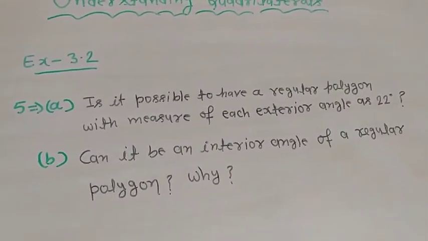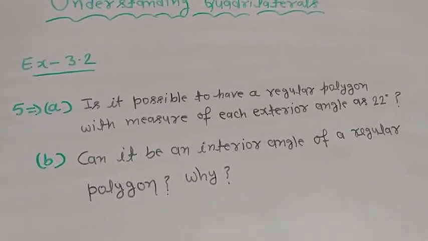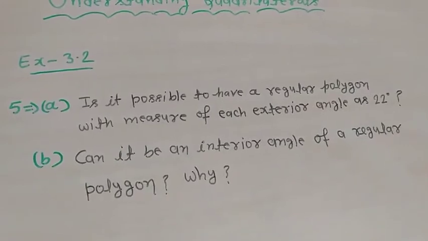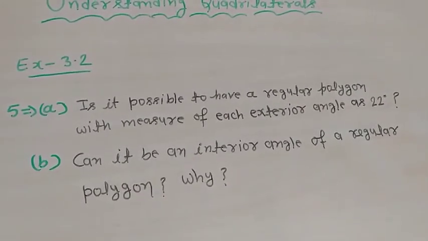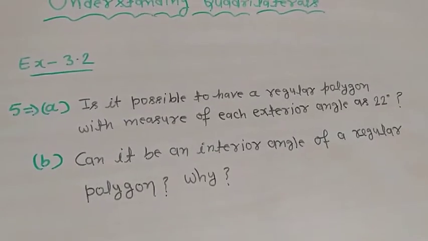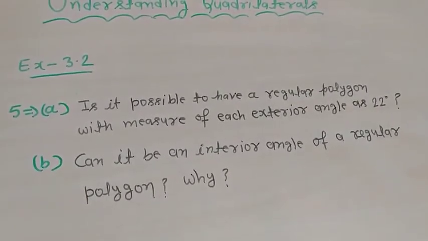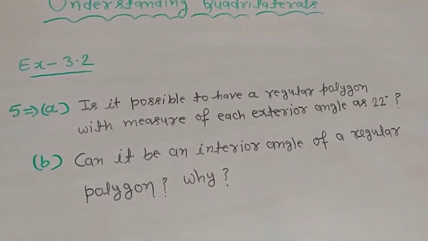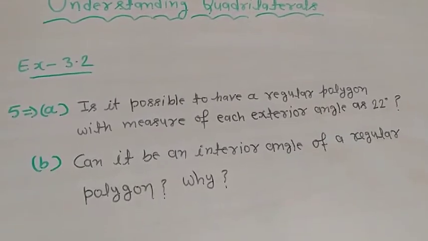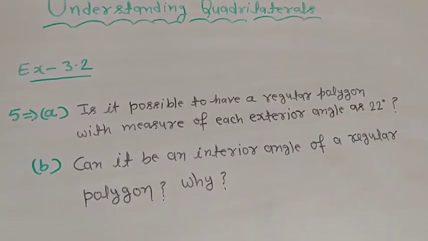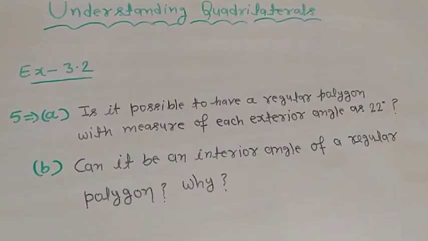Okay, and B part: can it be an interior angle of a regular polygon? So the given angle is 22 degree. Okay, so here the question says suppose this is an interior angle, 22 degree interior angle. So can 22 degree be an interior angle of a regular polygon?